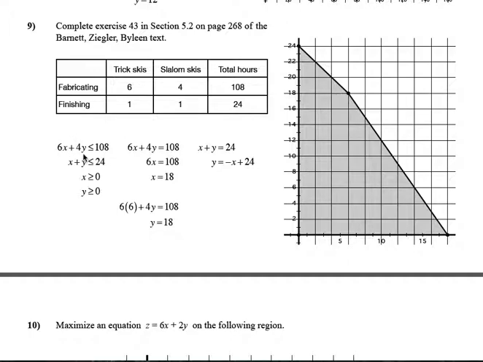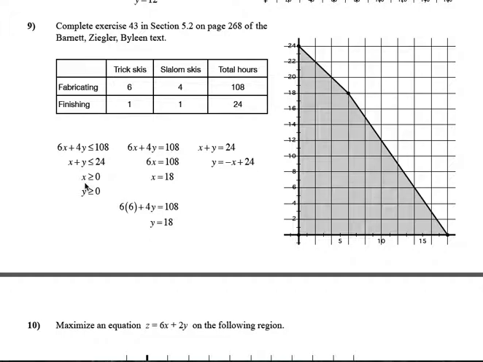Those total hours can be no more than 108 in the fabricating department. Then in the finishing department, 1 hour per trick ski and per slalom ski. The total there is no more than 24, less than or equal to 24.